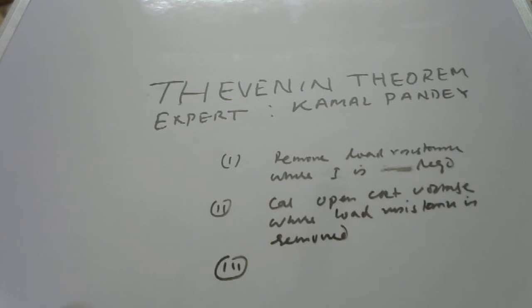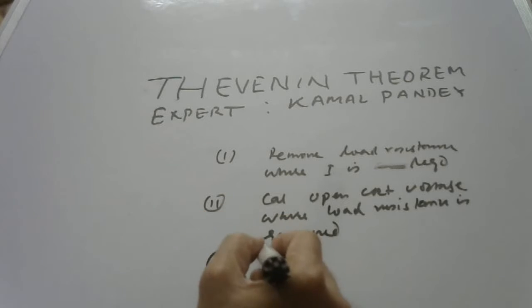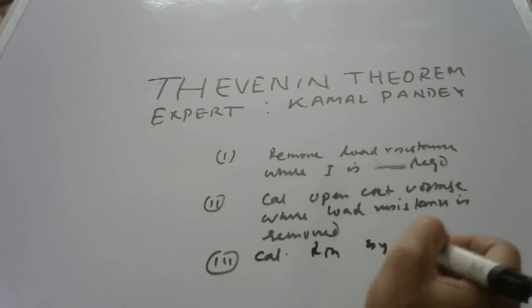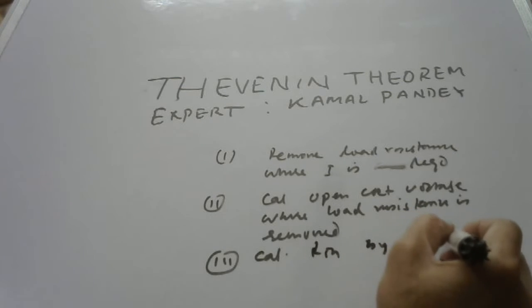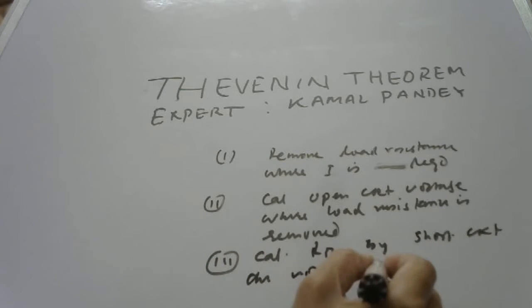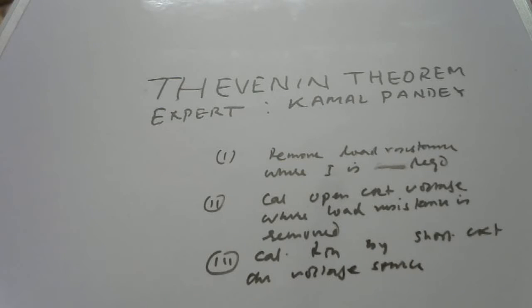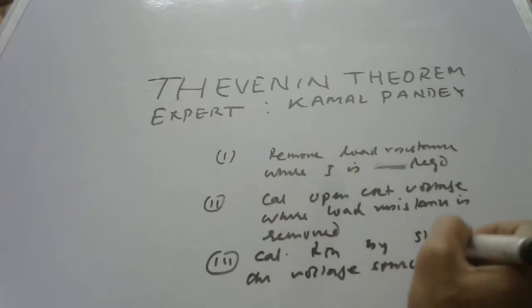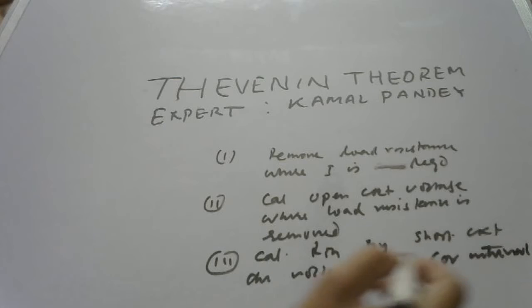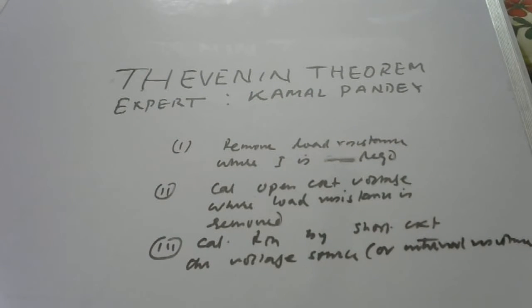Third part, calculate RTH by short circuiting the voltage sources, or all the voltage sources are replaced by their internal resistance, and current sources by open circuit.